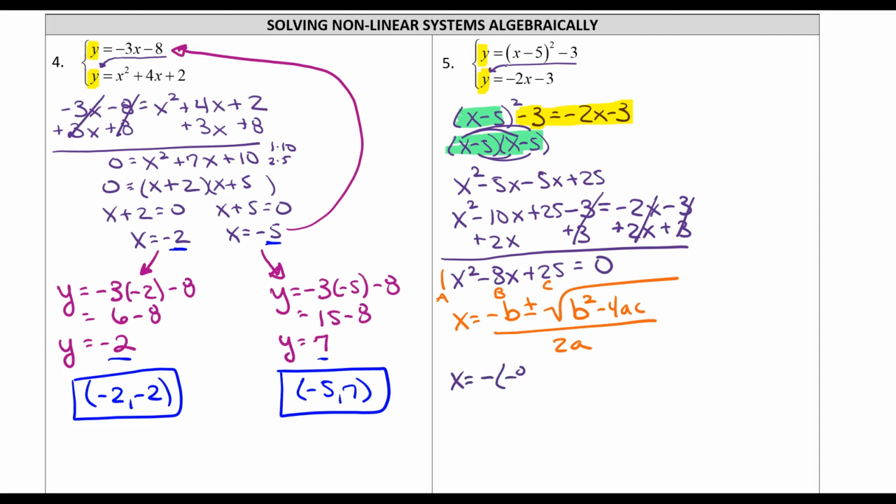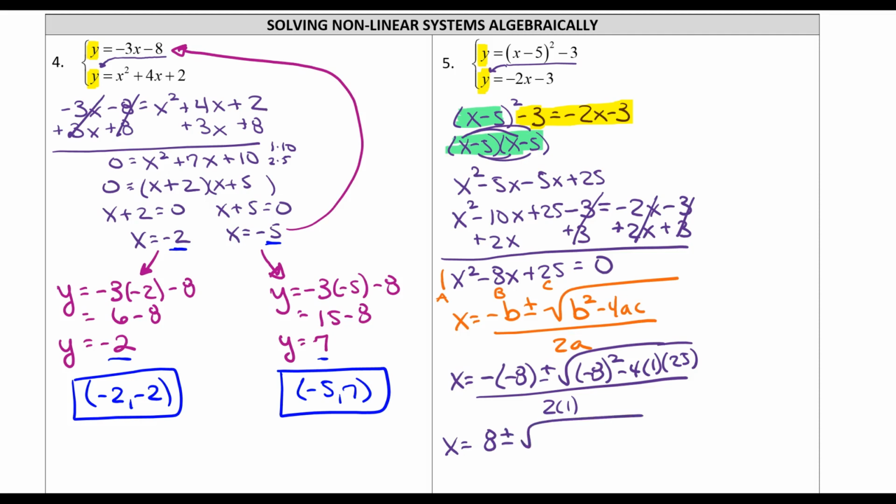So negative 8 plus or minus negative 8 in parentheses squared minus 4 times 1 times 25 all over 2 times 1. So the first thing I'm going to clean up is that discriminant. So 64 minus 100, that's going to end up being a negative 36.